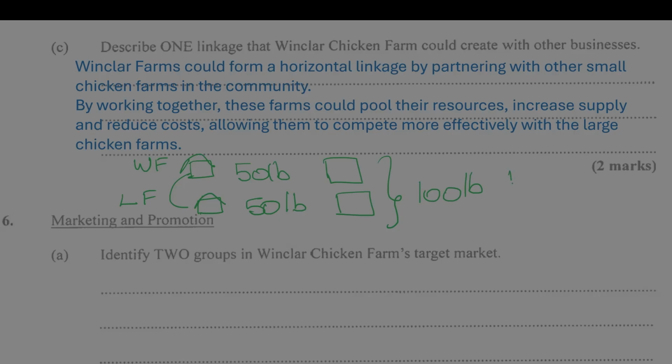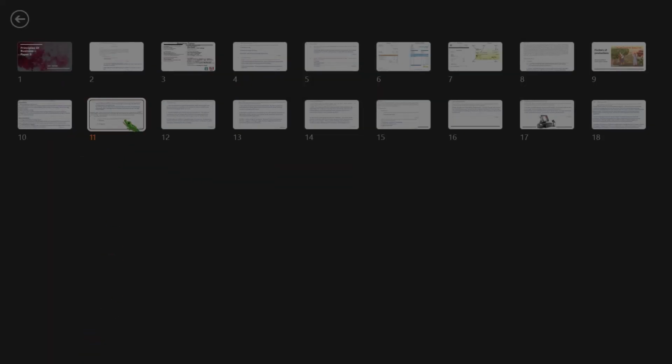They will now be entitled to a 10% bulk purchase discount, allowing them to better compete with the larger firms by pooling their resources. So rather than each buying a 50-pound bag, they both pool their resources and buy a 100-pound bag of feed. Right.